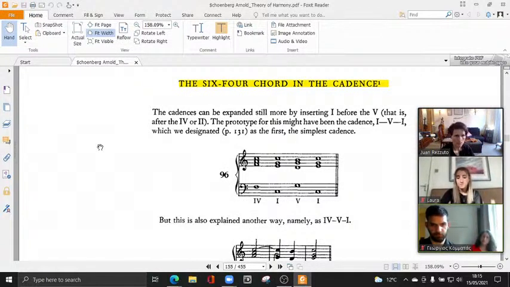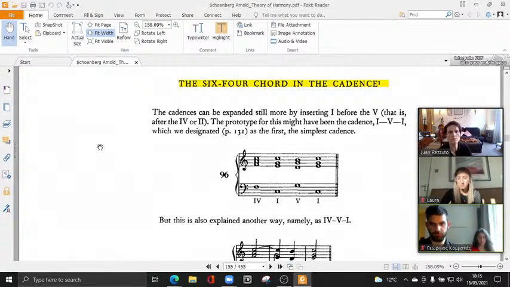If you just do 5/1, dominant tonic, your cadence will be almost abrupt. So the more chords are involved, the more time you spend on a cadence, the more important the cadence will be. And one of the things that we can do is to put a 6/4 chord.